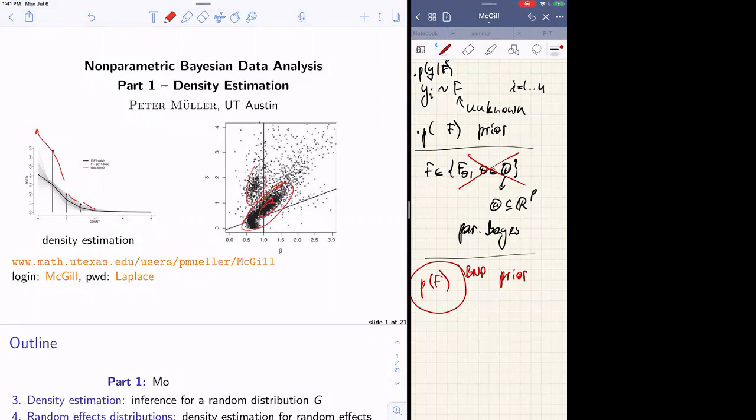Like here, a mixture of normals would probably capture most of what's going on. And the mixture of normals is finite parametric. So, pointed answer to the question, does it always have to be an infinite dimensional space? Yes. However, using a finite dimensional model, you can probably approximate it very well. So that's what we are going to talk about, such priors.